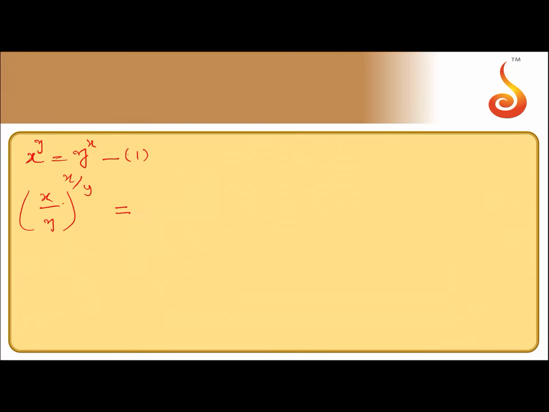This can be written, from the formula (a/b) to the power of m is equal to a power m by b power m, as x to the power of x/y divided by y to the power of x/y.